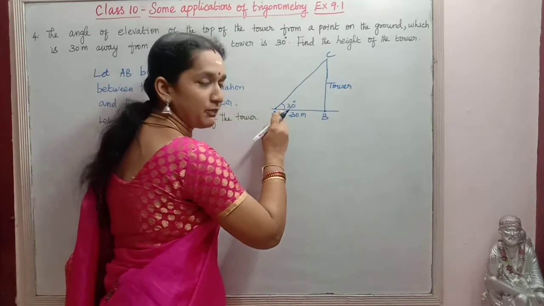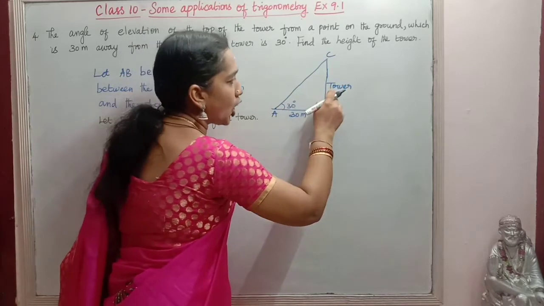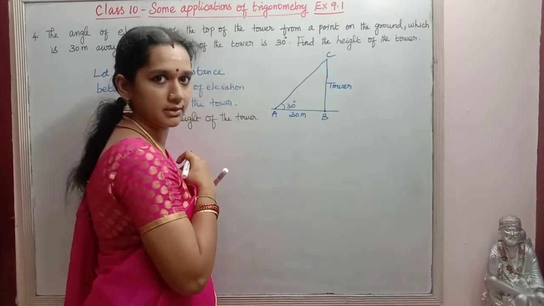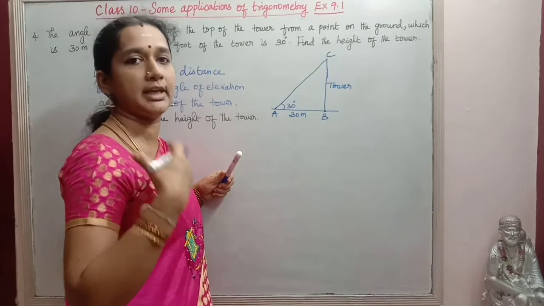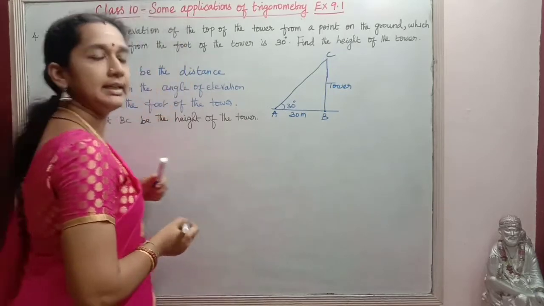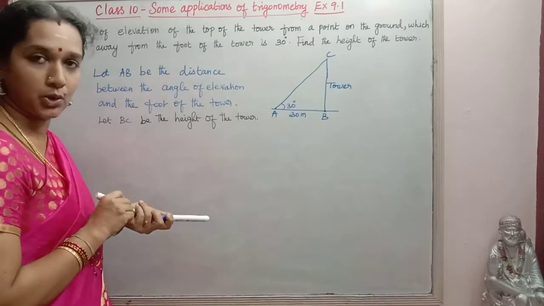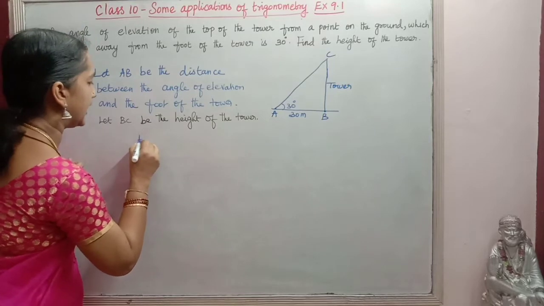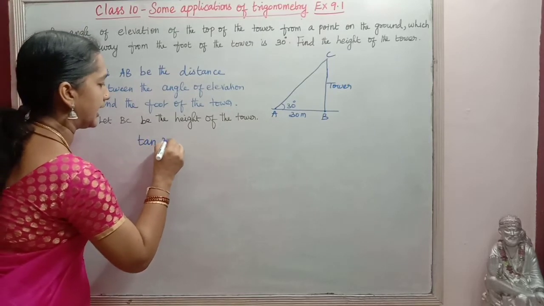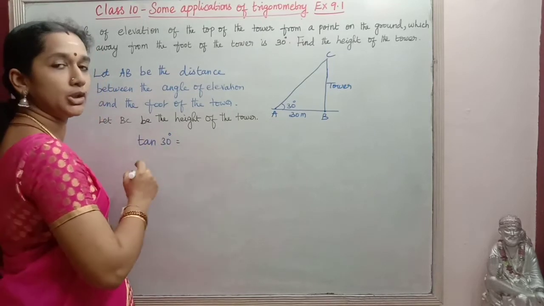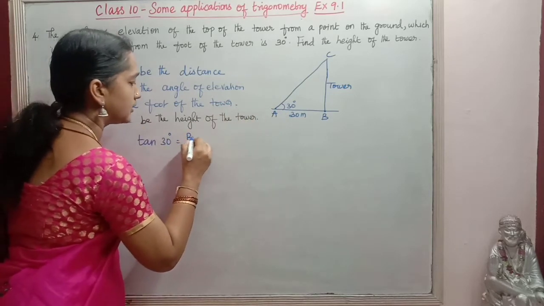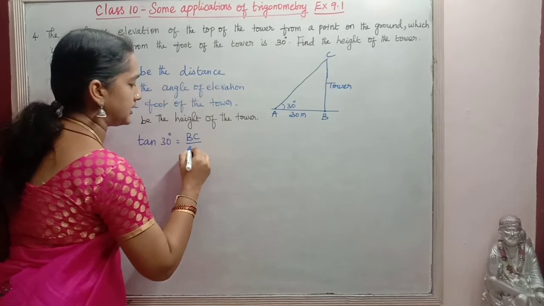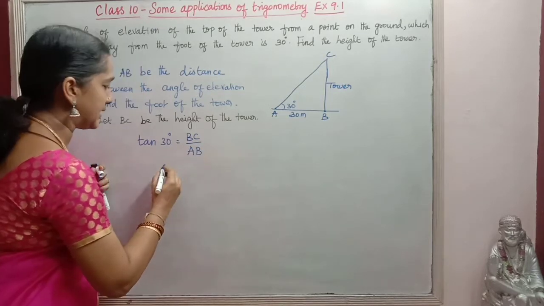So if the angle is here, it is opposite by adjacent, and for opposite by adjacent, it is tan. Tan 30 degree is equal to opposite by adjacent. Opposite is BC, adjacent is AB, so tan 30 is BC by AB.